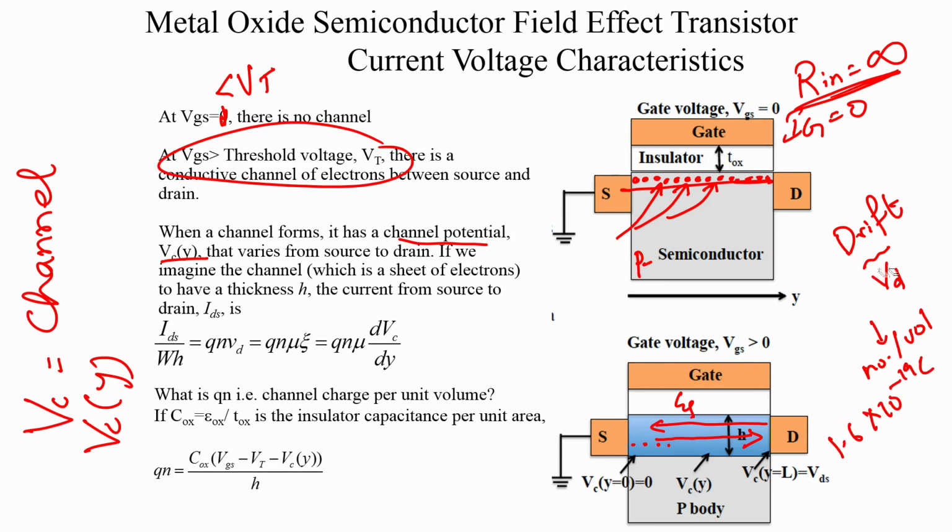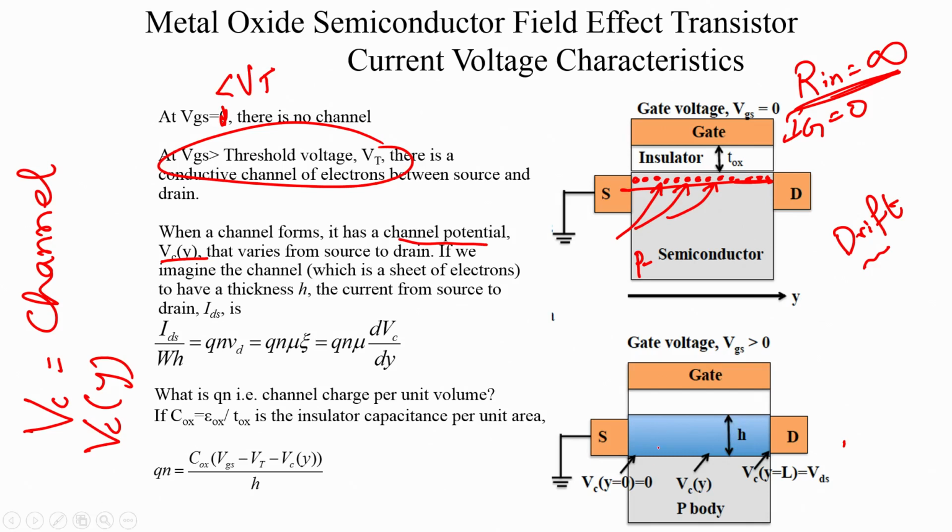Now, what is the total current? It is the current density times the area of cross section, and in order to identify the area of cross section, what we are going to do is define this electron channel as having some thickness h, okay. Now, that is an odd definition, because all of you are already familiar with the fact that electrons are wave particles.